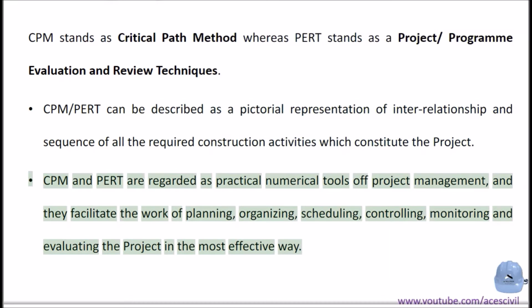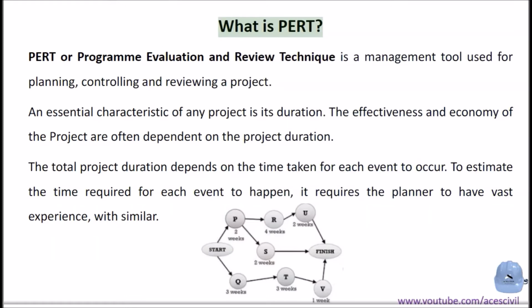CPM and PERT are regarded as practical numerical tools of project management, and they facilitate the work of planning, organizing, scheduling, controlling, monitoring and evaluating the project in the most effective way. What is PERT?